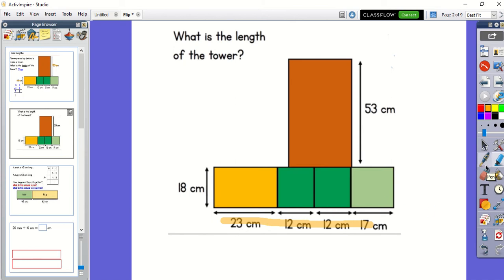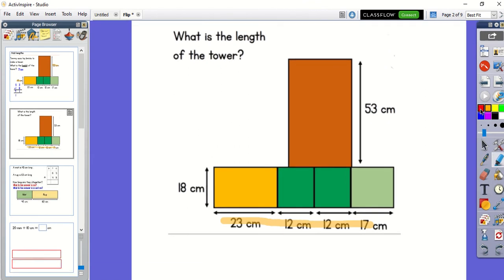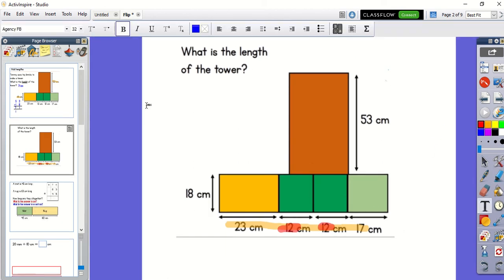Now I can make this easier. I know that I've got 2 12s, okay? So let's highlight those in red. I've got 2 12s. Now, really easy, 12 times 2 equals 24. Okay? So now I've got 24, 23, and 17.